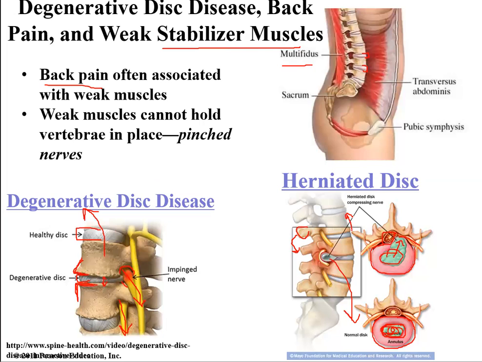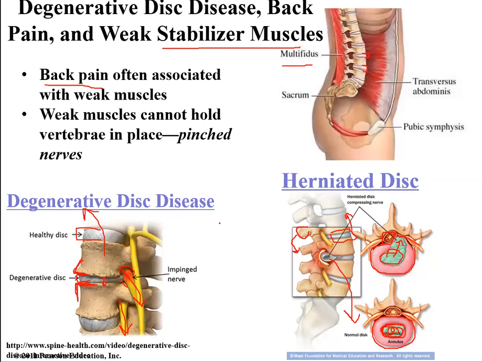And so what your stabilizer muscles can therefore do is take a little bit of the pressure off of these poor intervertebral discs and therefore not squeeze them out to the side like this, or not have the bodies rubbing together. Okay? So having these stabilizer muscles be really strong, right, and ultimately activated all the time, this actually can reduce the pain, reduce the discomfort of conditions like degenerative disc disease and herniated discs.